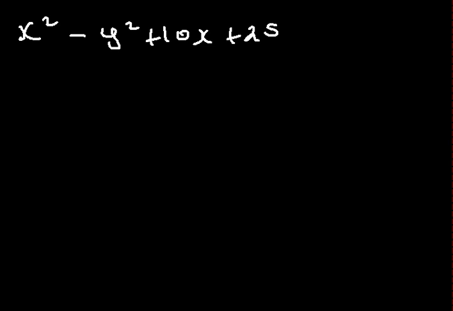Now let's say we have this case: x to the power 2 minus y to the power 2 plus 10x plus 25. How should we completely factorize this expression? You can see that if we group these terms, you may think of taking this one and this one, and you can factorize each.